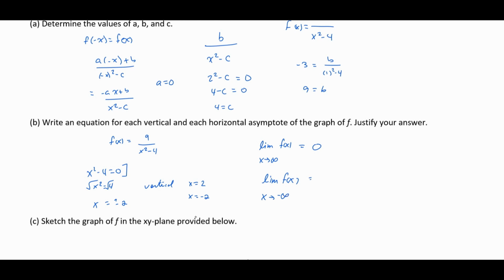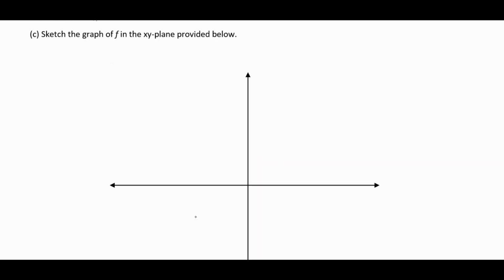But when I have negative infinity squared, it's not really going to matter. It's still going to be 9 over a really large number minus 4, so it's also going to be 0. So the equation for my horizontal asymptote is just y equal to 0. And then writing out those limits is justification enough.